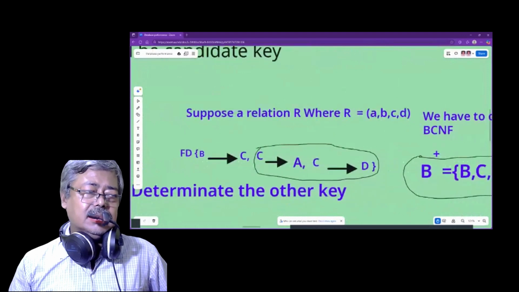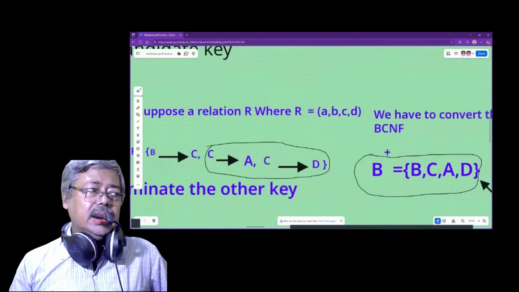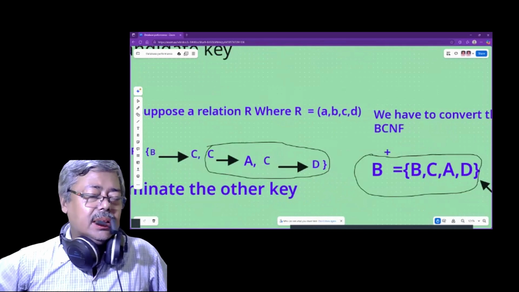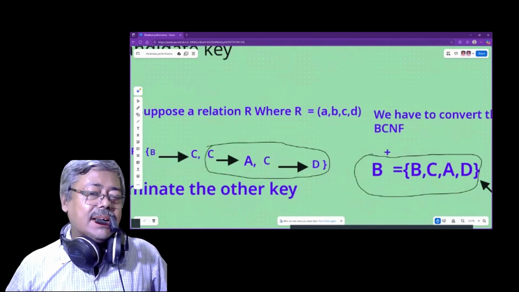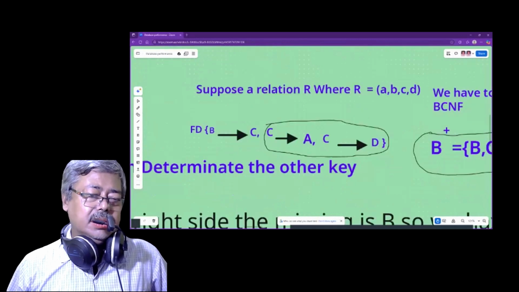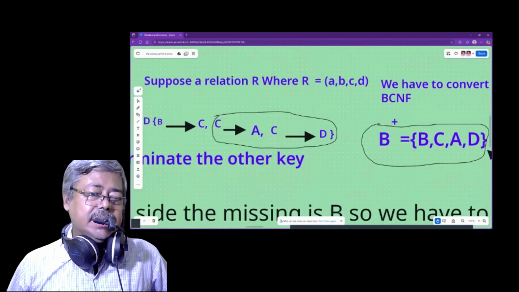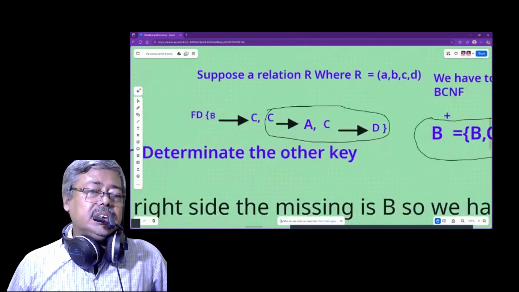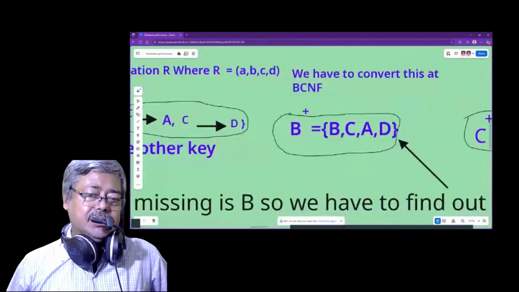Suppose the relation is R, and ABCD are the attributes of relation R, and the functional dependencies are B determining C, C determining A, and C determining D also. These are the fundamental functional dependencies.